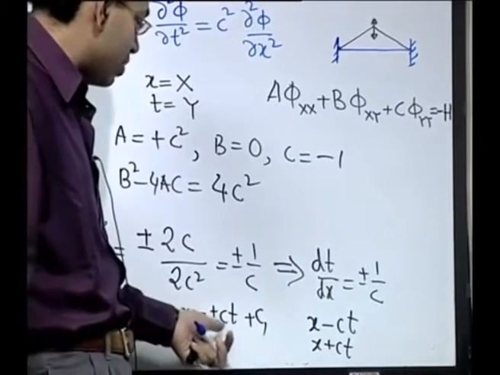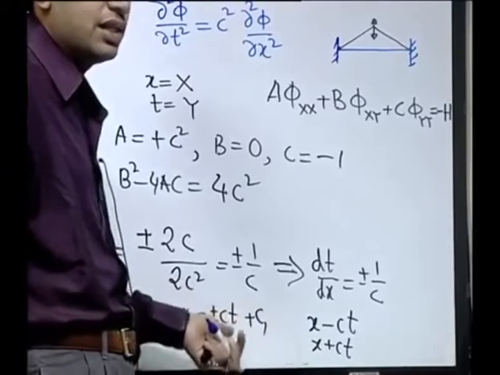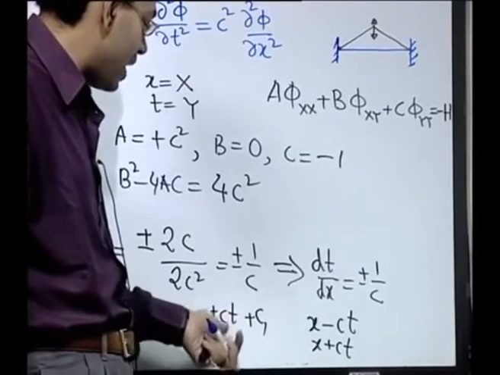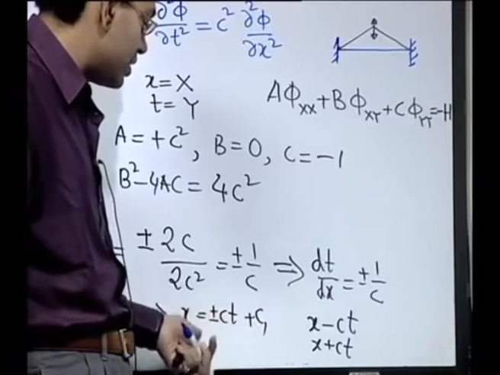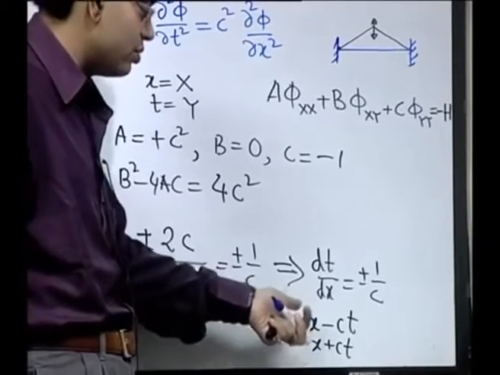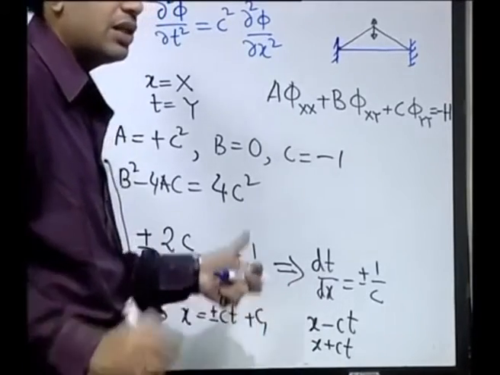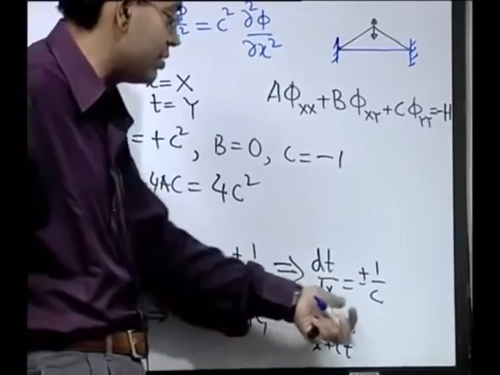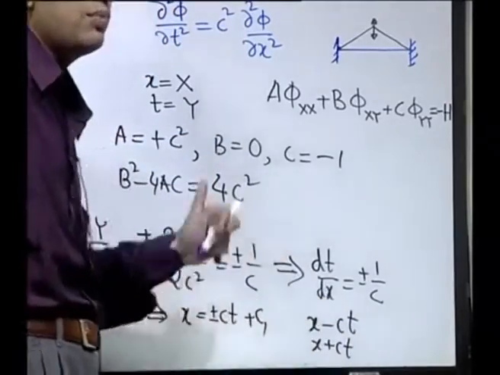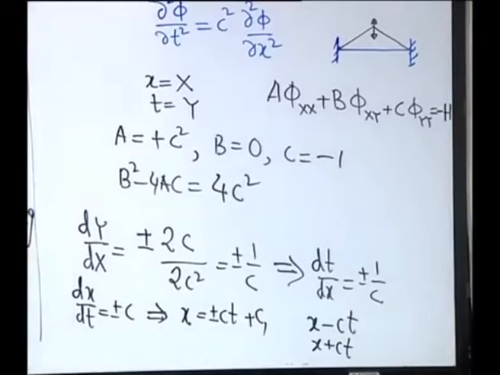So one is x equal to plus ct, another is x equal to minus ct. Of course, x equal to plus ct plus c1 and x equal to minus ct plus c1. But if we forget about that c1, the functional dependencies are x with plus ct and x with minus ct. So these are the two characteristics.